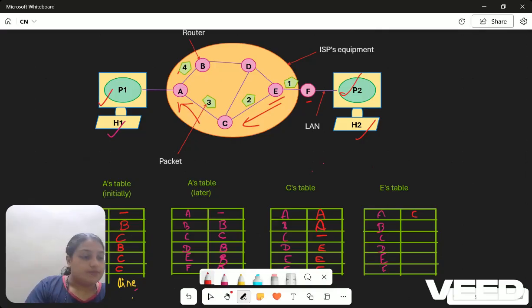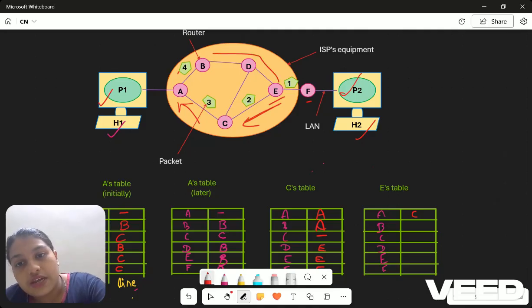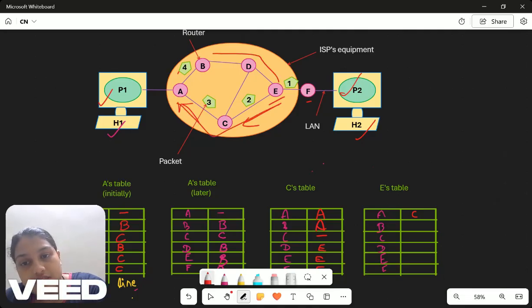Now I want to reach D. Here also I can go either way, that is C A B or E D B. Now I'm taking through D, so B D. Now C means it wants to reach C, so C only.